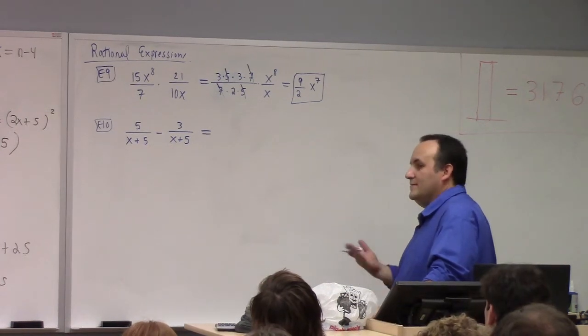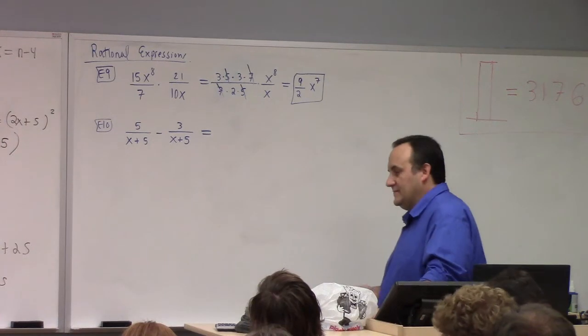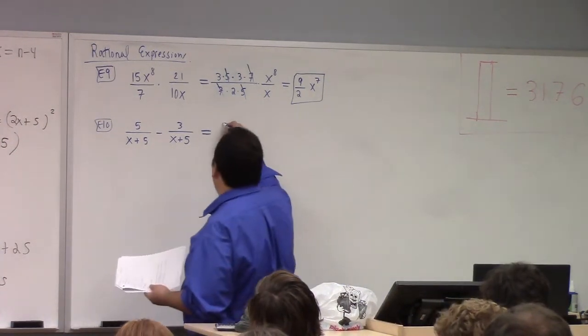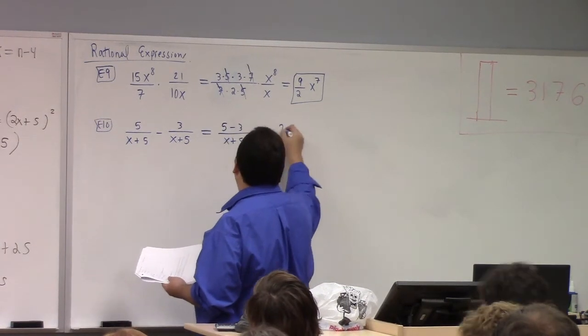Can we subtract these? Yeah. So we get 5 minus 3 over x plus 5, 2 over x plus 5.